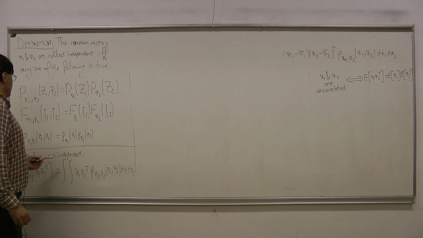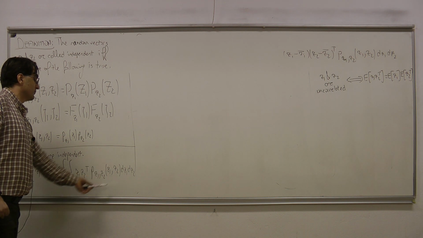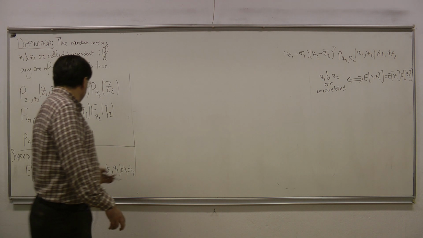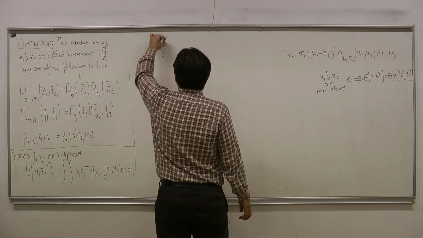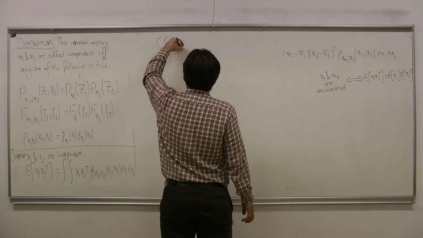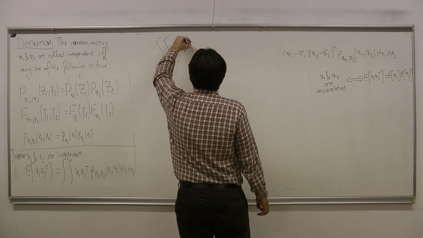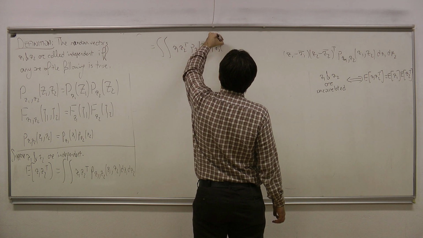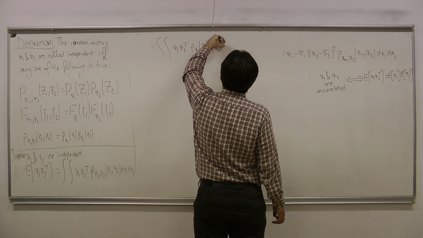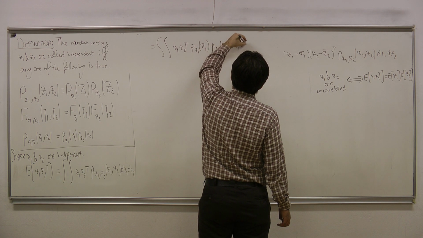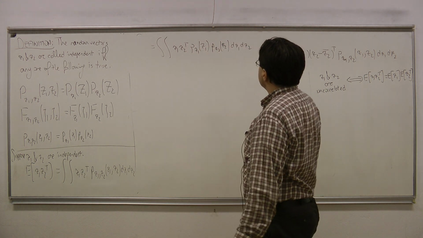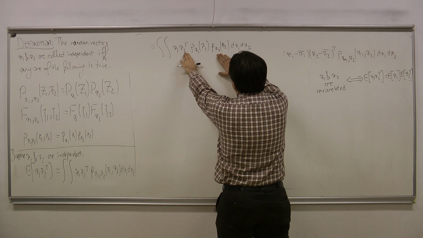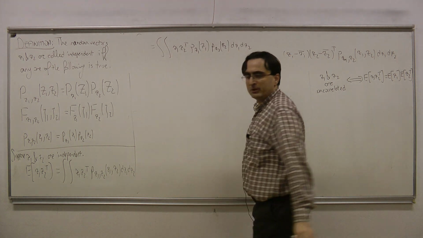So now I know that Z1 and Z2 are independent, therefore this joint density can be factorized into marginal densities. So I have double integrals of Z1 Z2 transpose and P_Z1(z1) P_Z2(z2), dZ1 and dZ2. Okay? So now you see that the Z1 related terms and the Z2 related terms can be decoupled here.